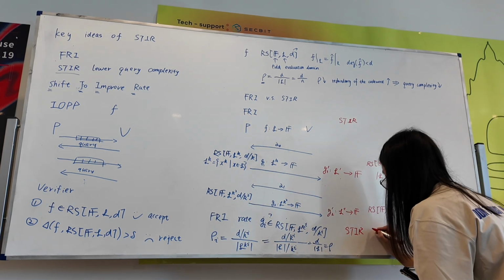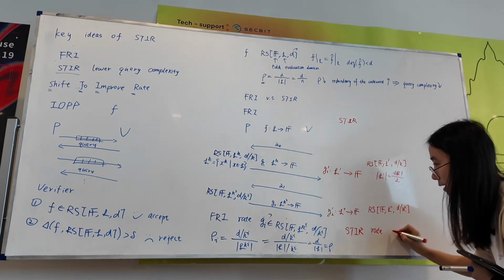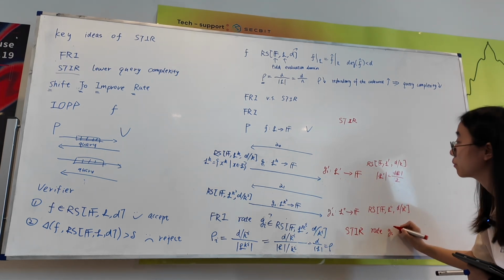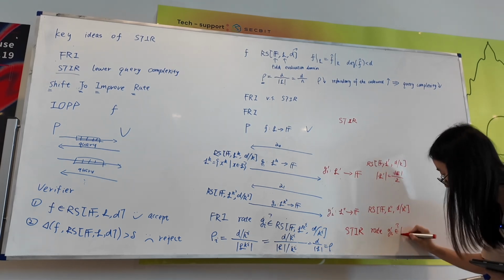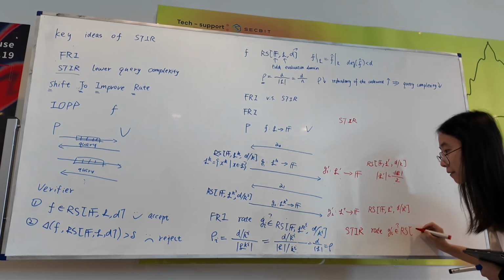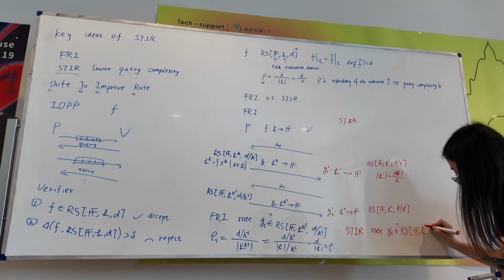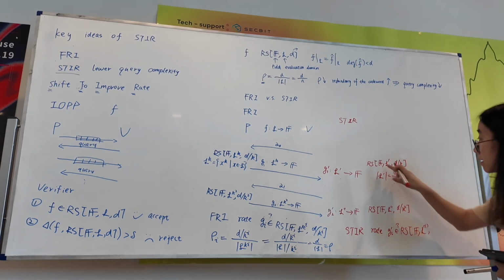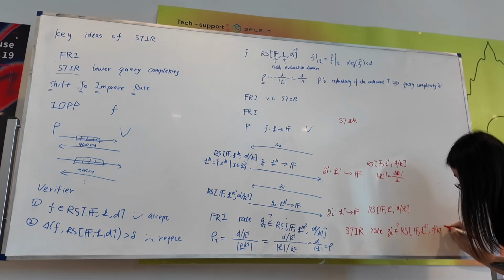For STIR, we should check that g_i prime is from RS[F, L_i, d over k^i].